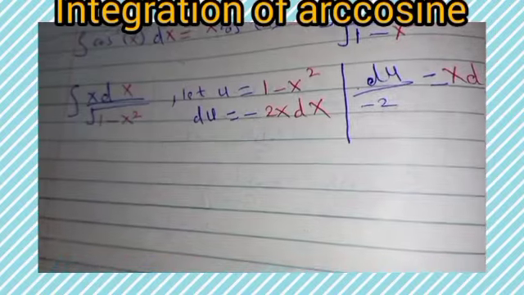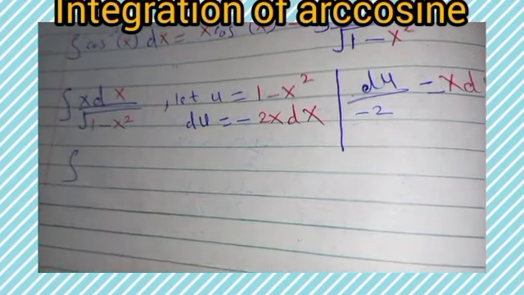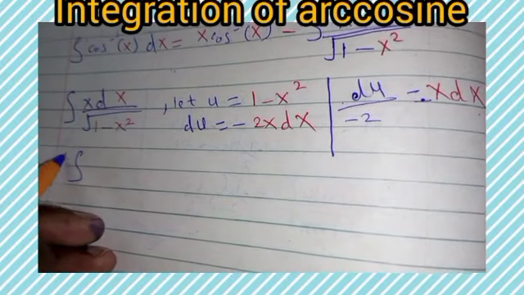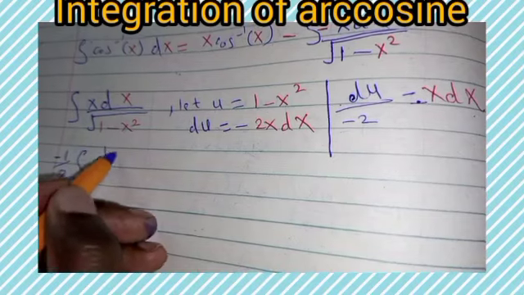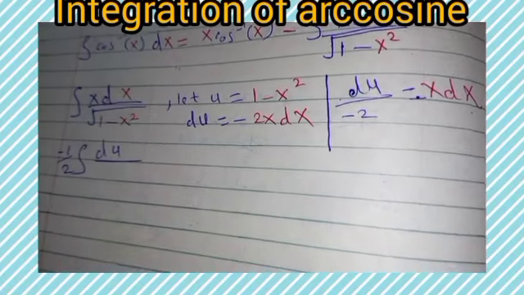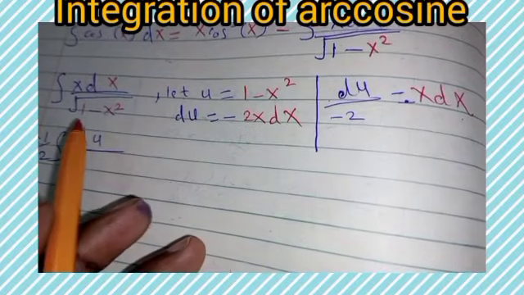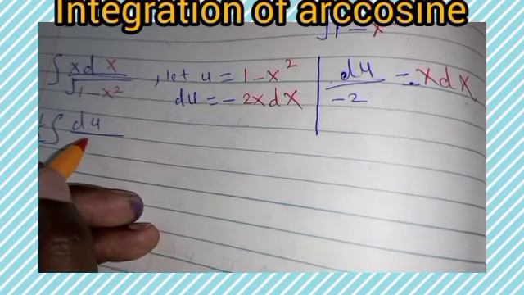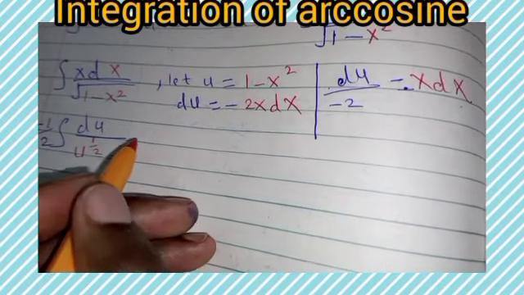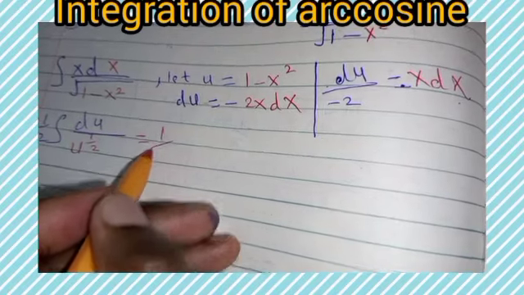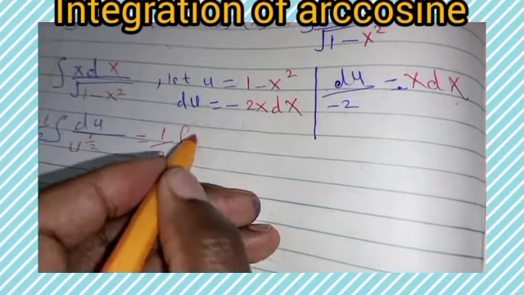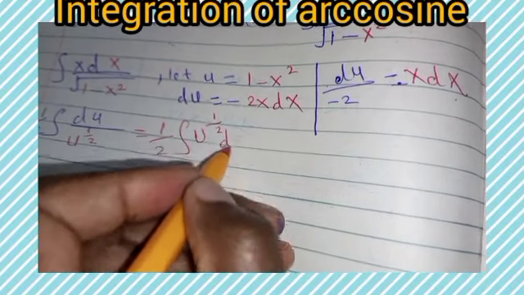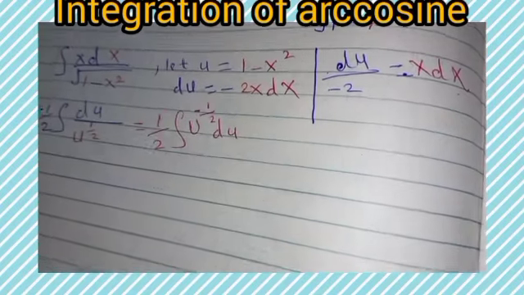Then you substitute: instead of x dx, you write -1 over 2 du, divided by u, and because it is a square root, power half. Using the laws of indices, you can take u up, and the index will be -half, so this is -half du.